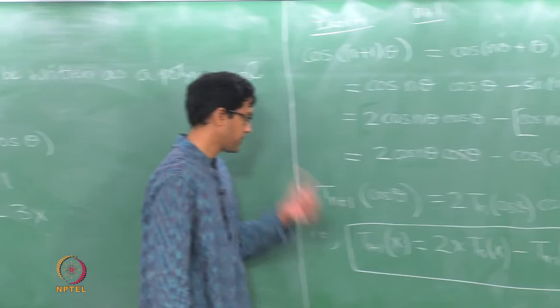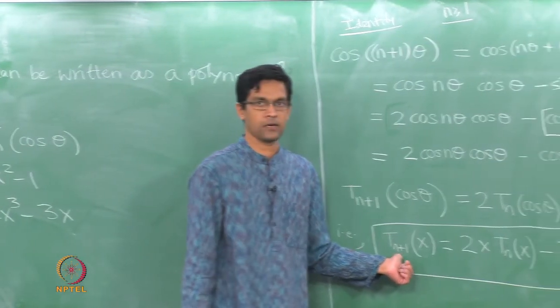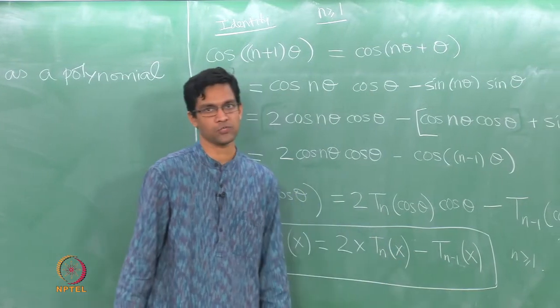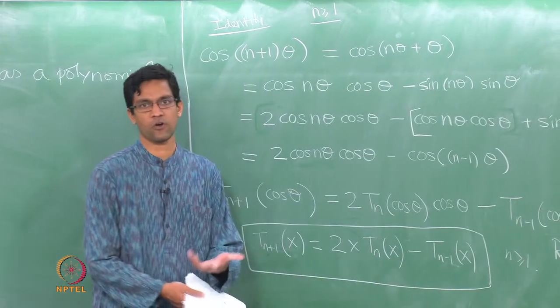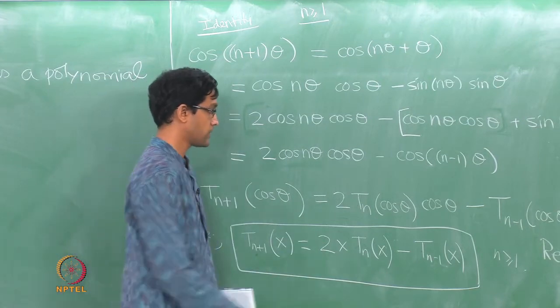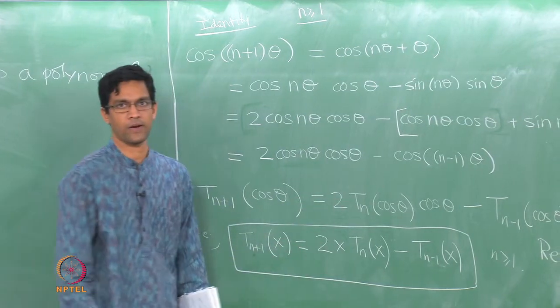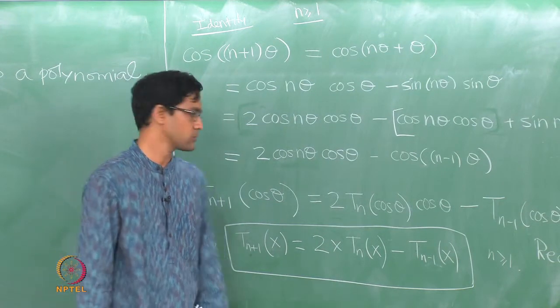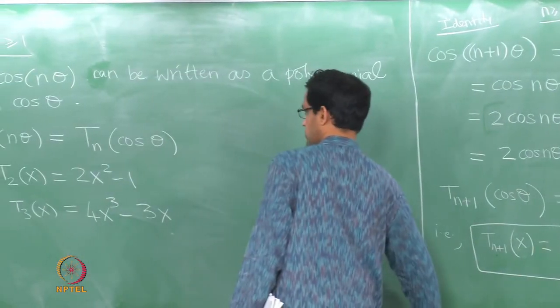Because it gives you a formula for T n plus 1 in terms of lower Tn's, in terms of Tn and Tn minus 1. It does not give an explicit formula for the Tn itself, right, but just in terms of the lower Tn's. But that is still quite a valuable piece of information because it allows us to quickly compute the first few values. So observe, so let us just use that to write out this table here.